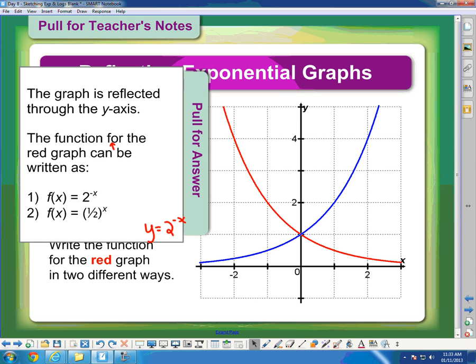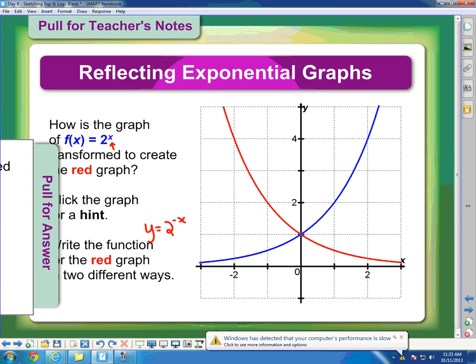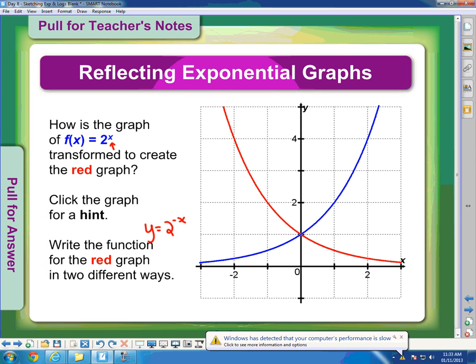Now, why did the answers also say 1/2 to the x? Well, if you have 2 to the negative x, the negative in the exponent tells you to take the reciprocal of the base. So you could also write it as 1/2 to the x. And if we stop and think about it, this red graph looks like one of those decay graphs.